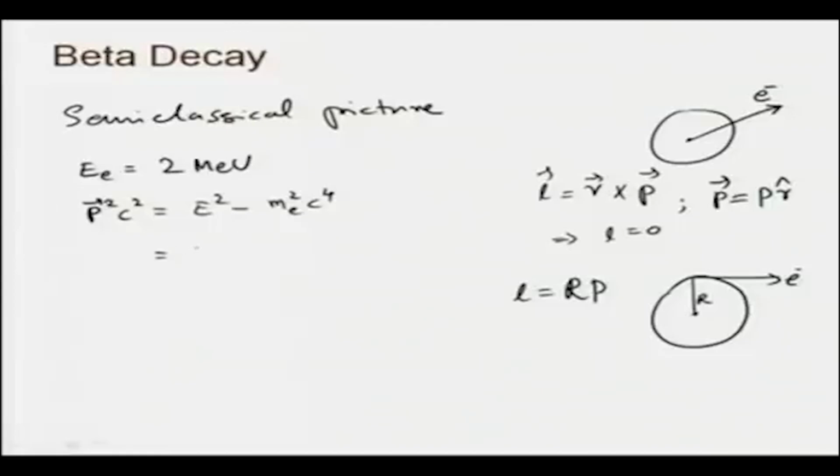And we have E to be 2 MeV, m_e c squared is 0.511 MeV.